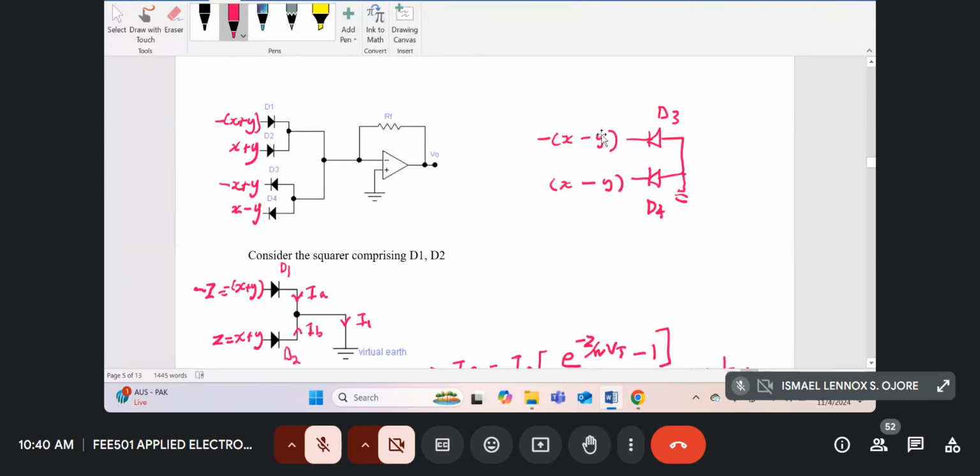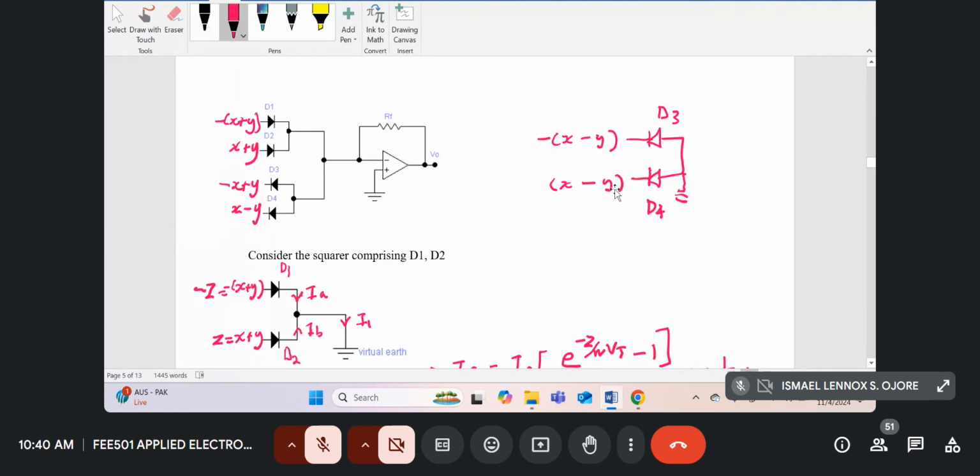I've just drawn it here again. We can rearrange the voltage across the diode D3 as minus into bracket x minus y, so that the terms in the brackets are common. So the bottom diode, D4, is just simply x minus y.